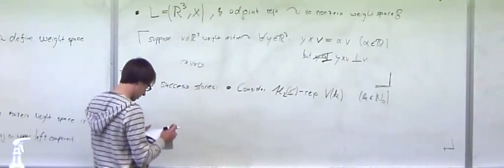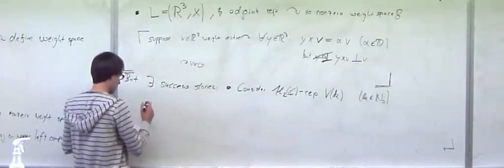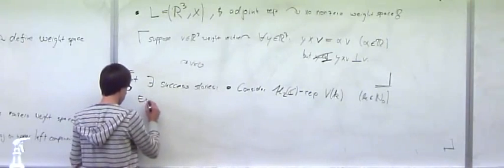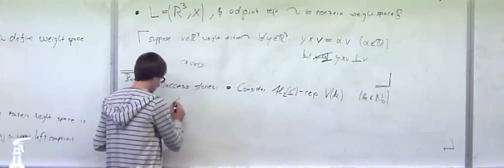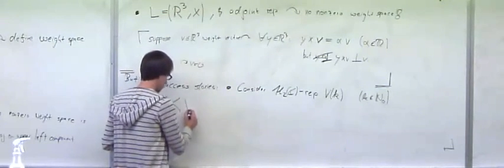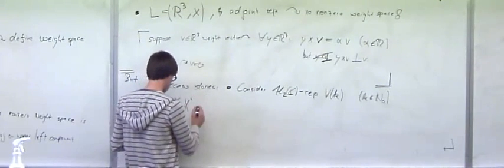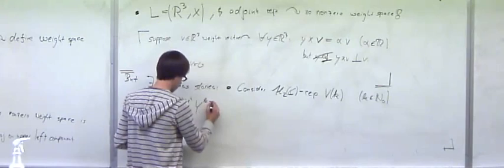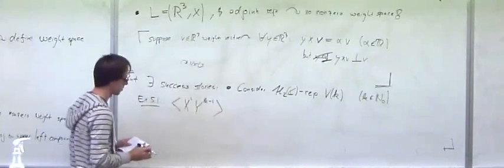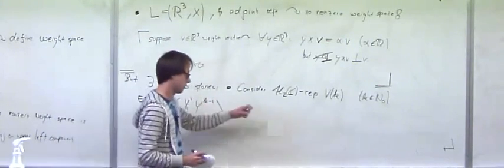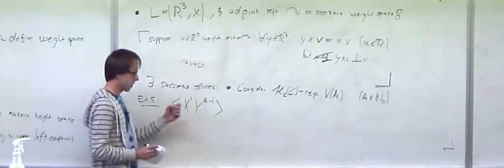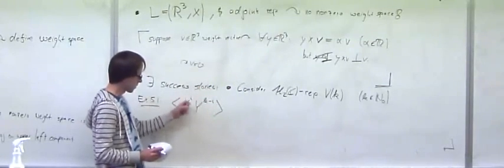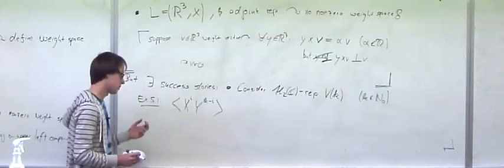And this was actually one of the exercises, namely 5.1. There you showed that if you take the vector space generated by a monomial, where k is the total degree, the monomials which span this vector space Vk have the form X to the i, Y to the k minus i for some i.